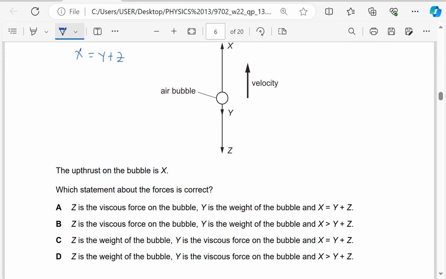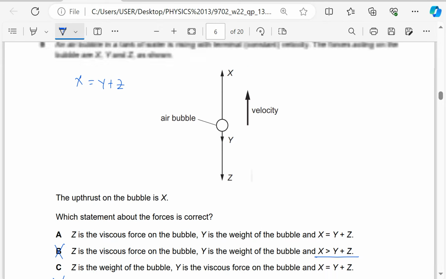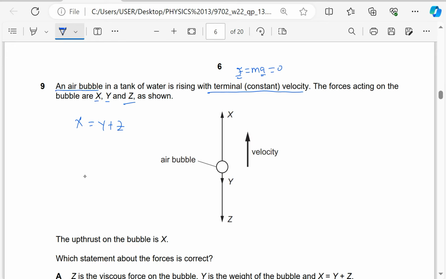That means I have to ignore B without even checking, because they are saying X is greater than Y plus Z. I have to ignore D because it's also saying X is greater than Y plus Z. So I have to choose between A and C. So A is saying Z is the viscous force. Remember, this was an air bubble, which means its weight is extremely small.